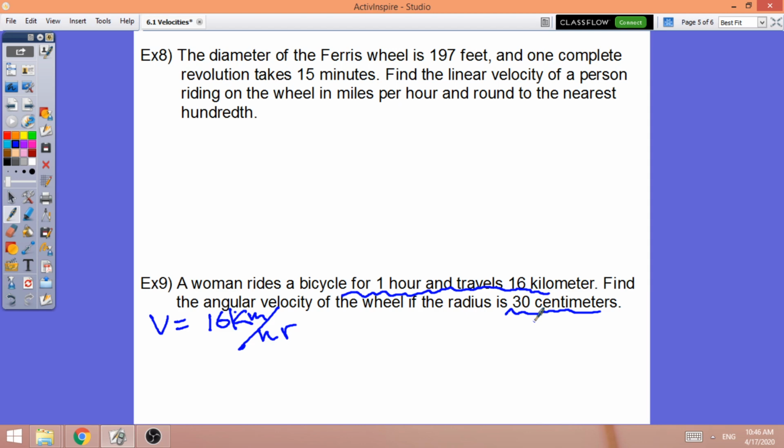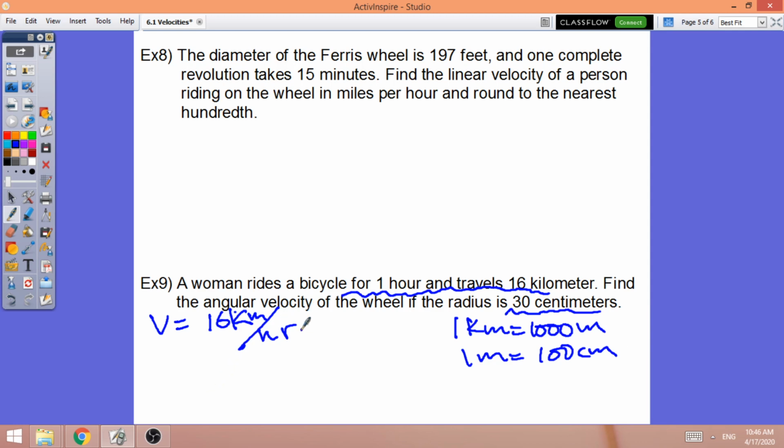One thing you need to note, you need to be careful. We do have kilometers and centimeters. So let's convert that kilometer to centimeters. We do know that 1 kilometer equals 1,000 meters, and 1 meter equals 100 centimeters. So the first thing you want to do is convert the linear velocity to centimeters per hour.